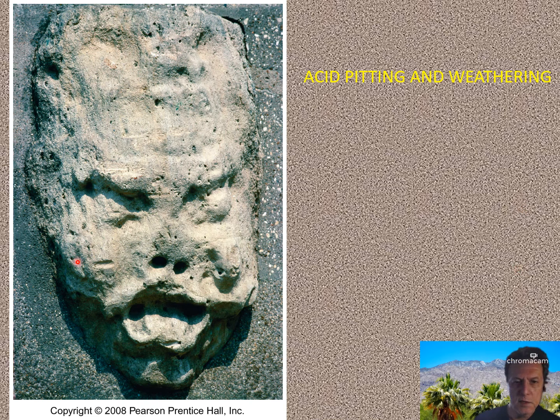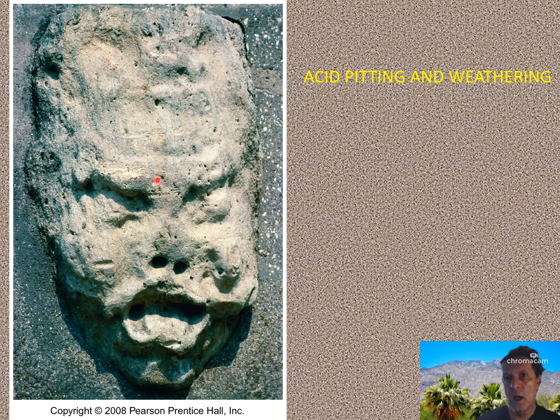This poor face of, I believe, a gravestone marker, used to be an angelic looking cherubic type face, no longer. This is the process of chemical weathering through acidic attack, acid pitting and weathering. This doesn't mean that somebody threw a container of acid at this face.